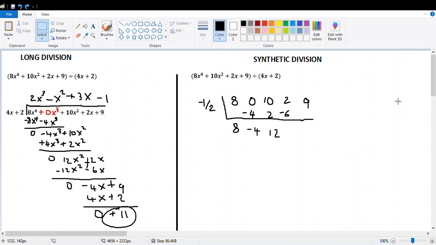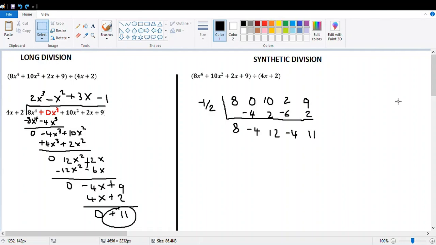Now let's subtract 2 minus 6, of course negative 4. One more time, multiply negative 4 times negative 1/2 is positive 2 because it's half of 4. Now let's add, 9 plus 2 is 11. There are no more numbers. That means that the synthetic division finished.